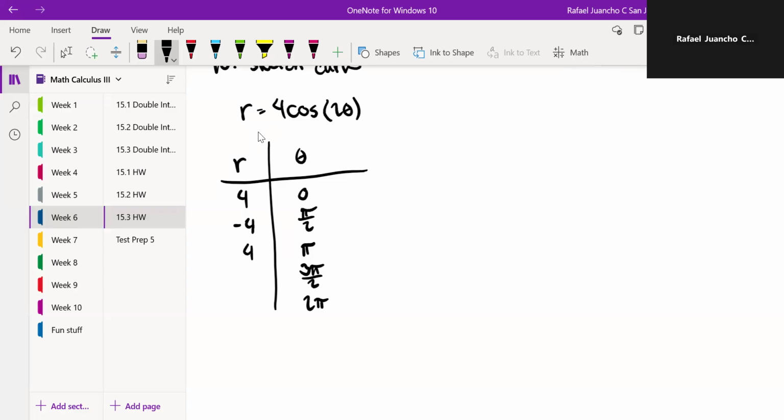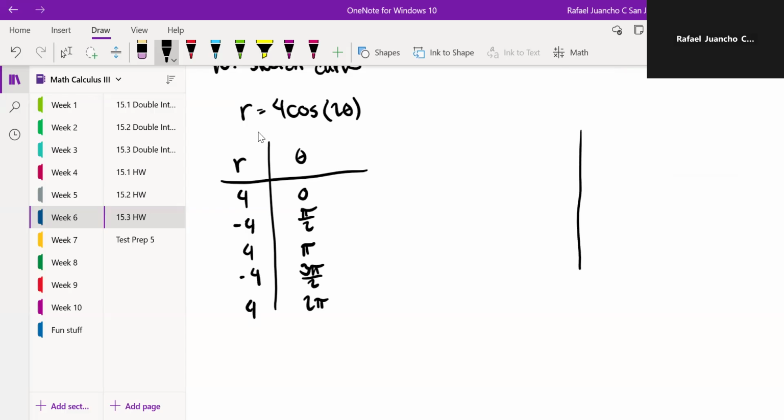This is 4 again. 3 pi over 2, I just cancel it. So I get cosine 3 pi. What is that? Negative 1 times 4 is negative 4. 2 pi, here's 4 pi. Cosine 4 pi is, I think, just 1 because we just rotated twice, times 4.